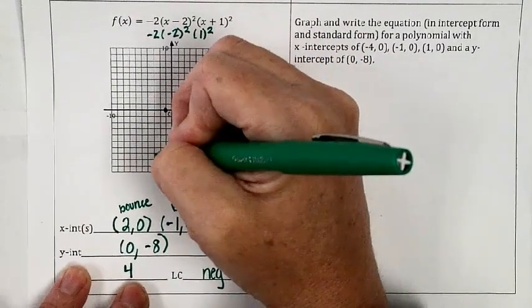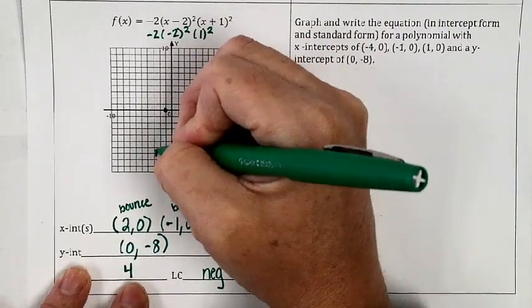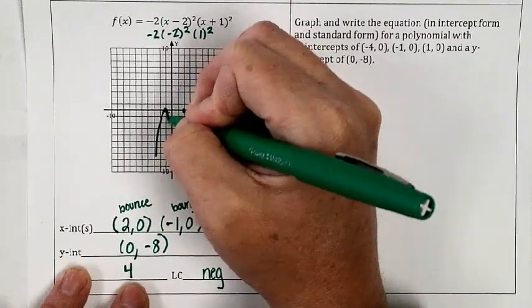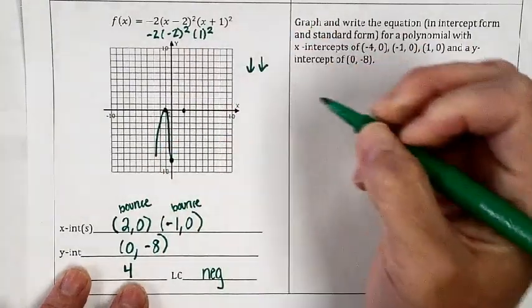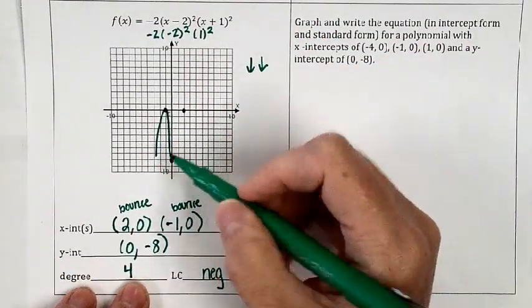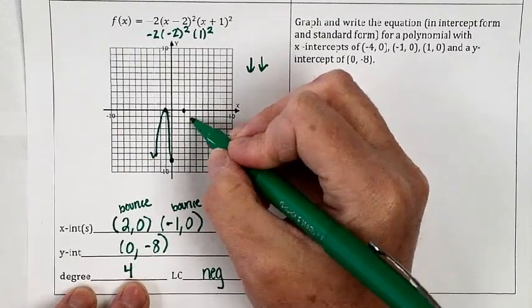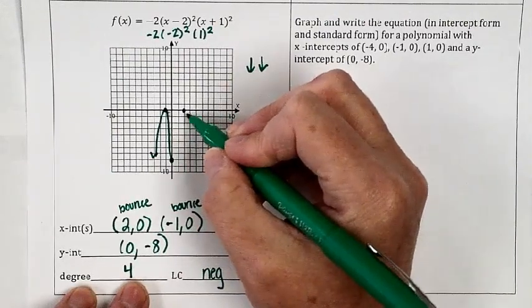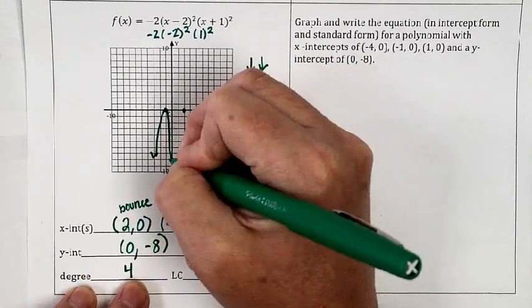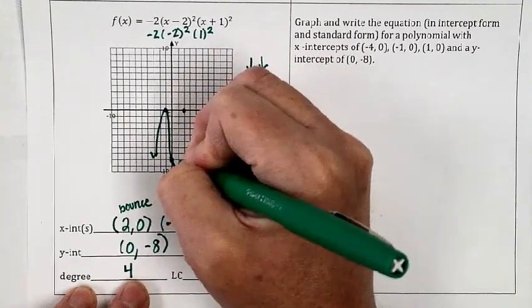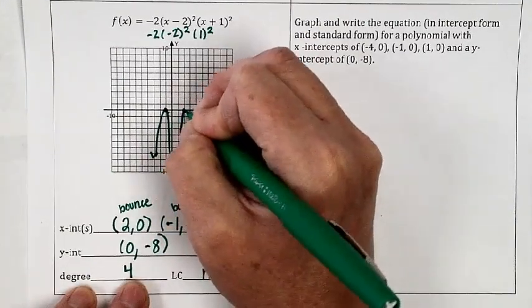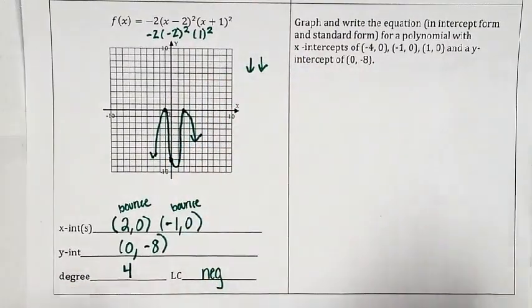Here I'm bouncing, so we're going to bounce. I'm going to go down until I get to the negative 8. I know I'm bouncing here, so that's 1, 2. But to get back up here, I need another turn. So I'm placing another turn, bounce, and then go back down.